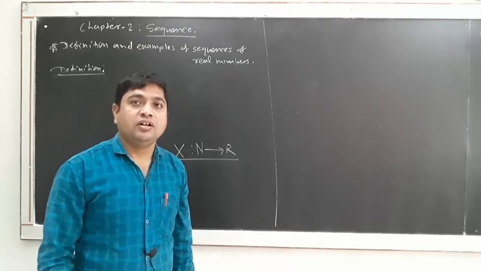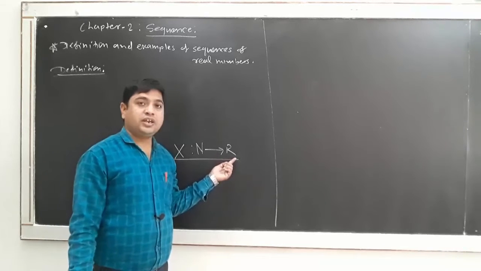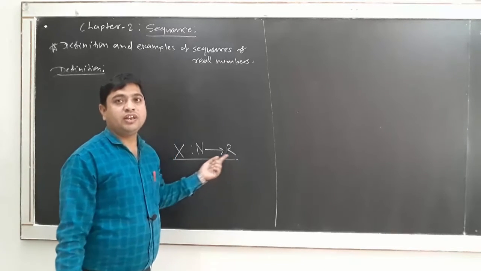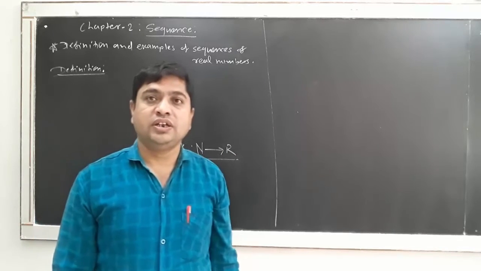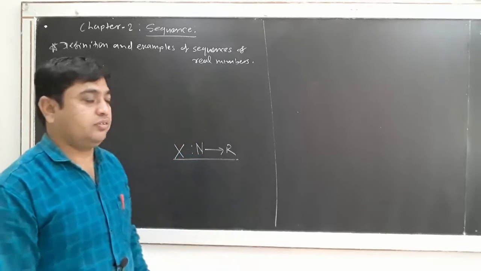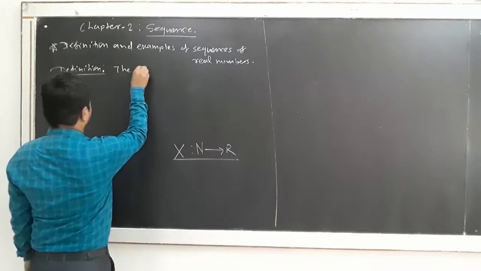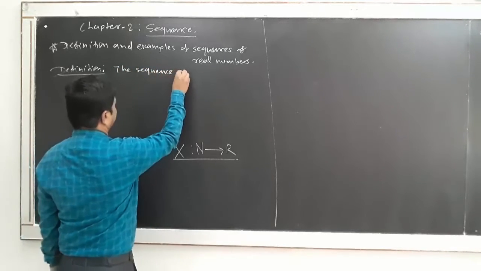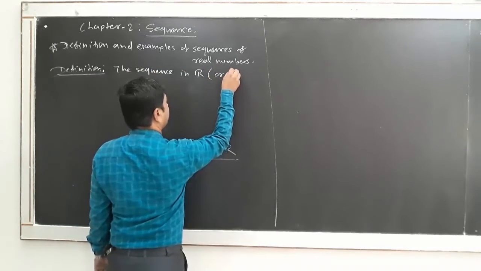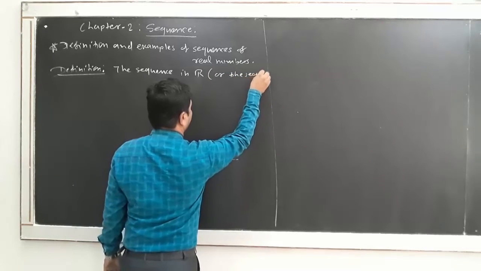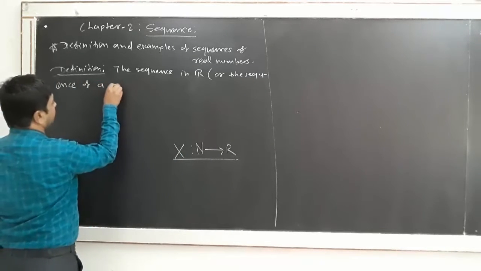That is, the elements of R, we are giving numbers to these elements: 1, 2, 3, 4, 5, 6, and we get one function, and this function is nothing but our sequence. So we write the first definition: the sequence in R, or the sequence of real numbers.